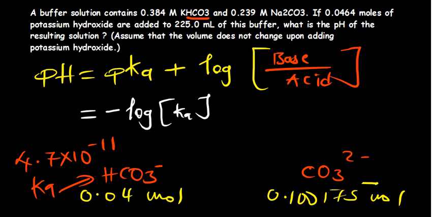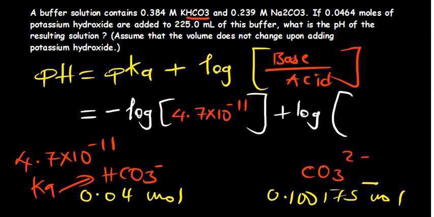So we can substitute in the equation: negative log of 4.7 times 10 to the power negative 11, and then plus log of what? Look at our base now. Our conjugate base in this case, we had an increase in the concentration which gave us that.